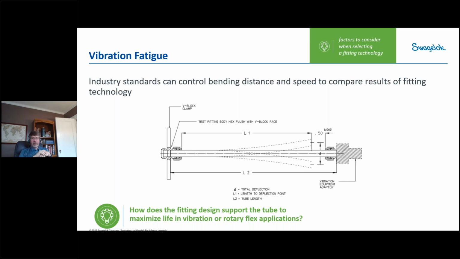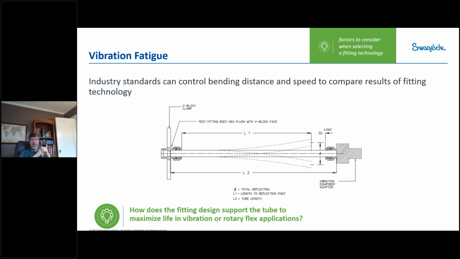So there are some industry standard tests that people do. Many fitting manufacturers do this, where we make up a tubing system using whatever fitting we're testing, and the other side of the tubing is moved up and down to represent the vibration. So that's essentially the bending speed and bending distance.